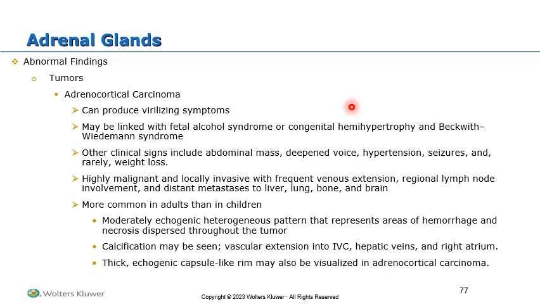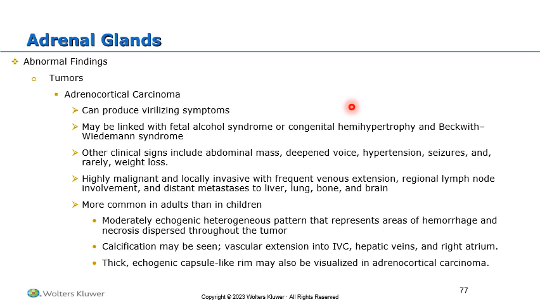Other clinical signs of this would include abdominal mass because it can take up space, and a deepened voice, often because of the virilization, meaning there's extra testosterone being released, that's going to deepen the voice. It can cause hypertension, seizures, and sometimes weight loss.